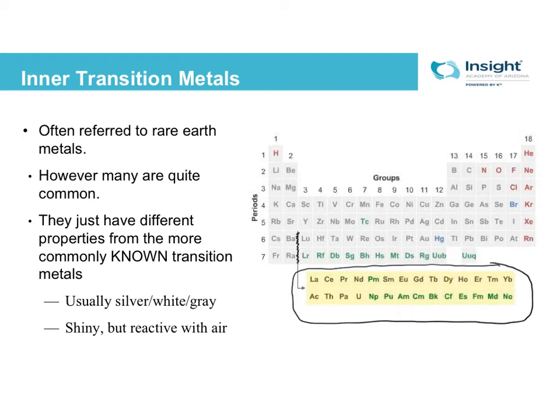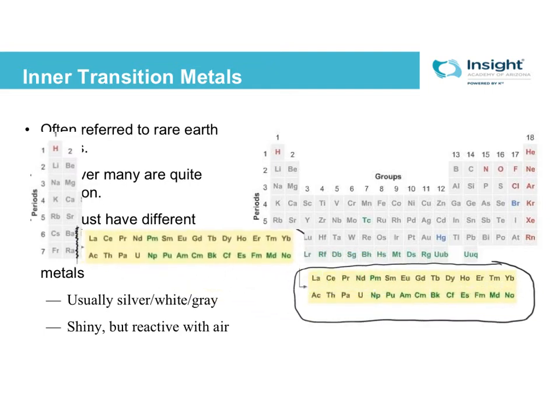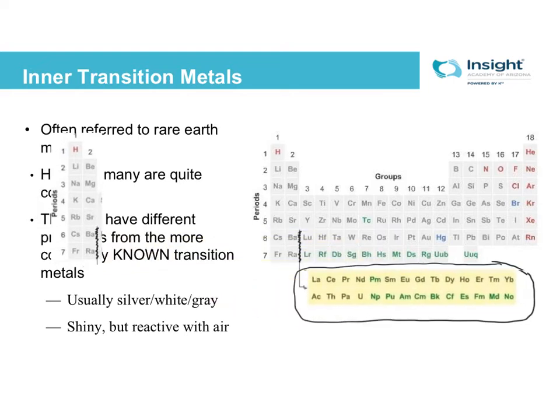The reason they get pulled out is that moving them over, grabbing this and dragging it over here and putting this in the middle, would make your periodic table huge. A table this wide doesn't fit very well in textbooks. That's why these guys stay in their positions as we are used to seeing them.